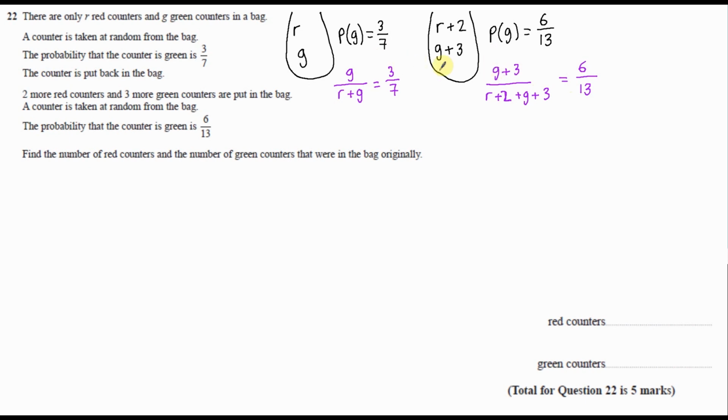Now what we've got here is 2 different scenarios, and what we need to do is rearrange these so that we can make simultaneous equations out of them. The simplest way to do that would be to cross multiply.